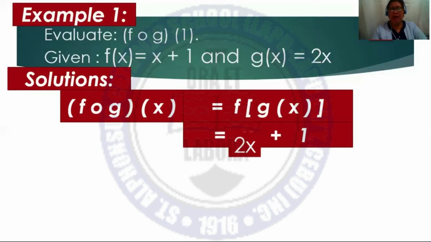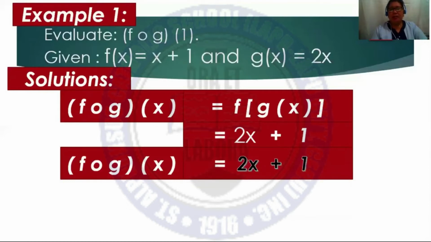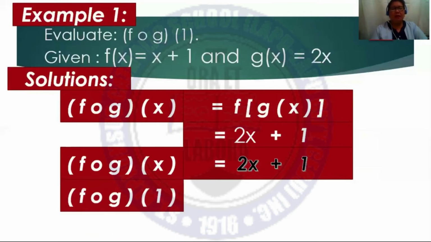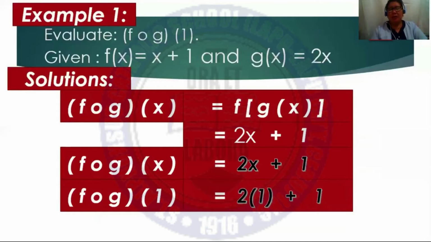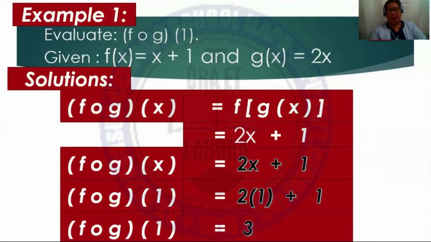Replace x by 2x. So, the result now is 2x plus 1. We will be using the new function and we have to substitute 1 to x. So, f circle g of 1 is equal to 2 times 1 plus 1. And f circle g of 1 is equal to 3.